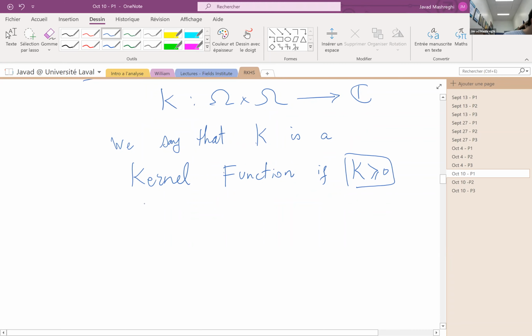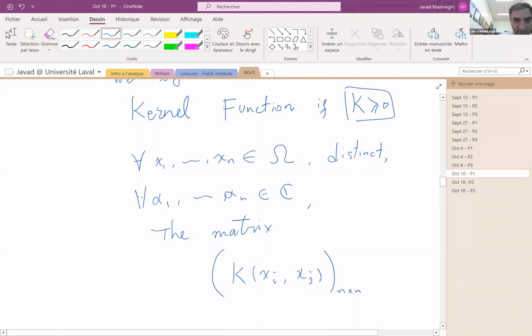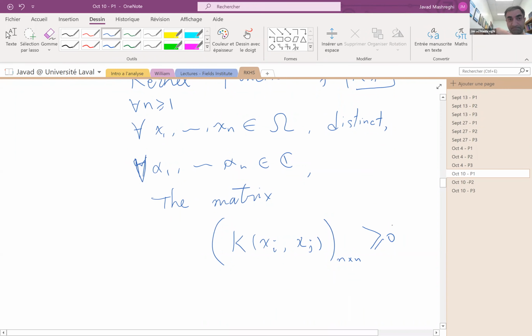If for every collection of distinct points x1 up to xn in the set omega, for every collection of scalars alpha 1 up to alpha n in C, the matrix K, whose ij element is K evaluated at xi, xj, n by n, is such that, for all n bigger than or equal to 1, for dimensions 1, 2, 3, all dimensions, the matrix is bigger than or equal to 0.